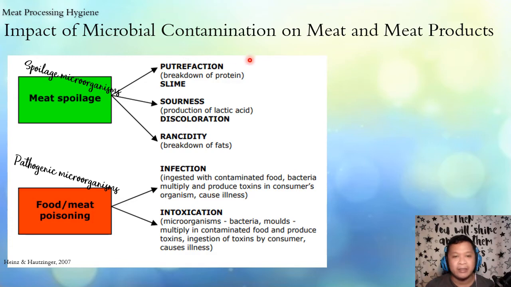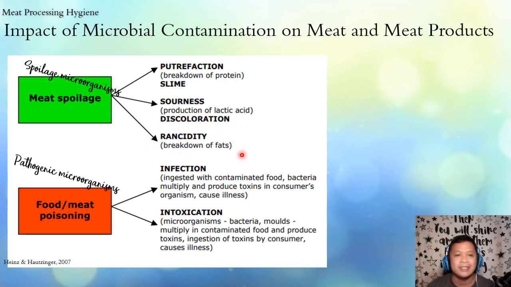So we have putrefaction, the smell changes, and that's caused by a breakdown of protein by various microorganisms. There's also slime formation, where when you touch it, it feels slimy. Okay? That's also related to an increase in spoilage microorganisms. It may also include a change in color and density caused by the breakdown of fats, with a few microorganisms that can break down fats.